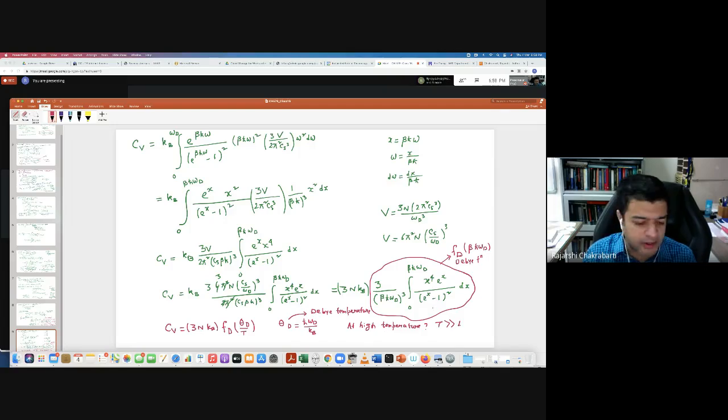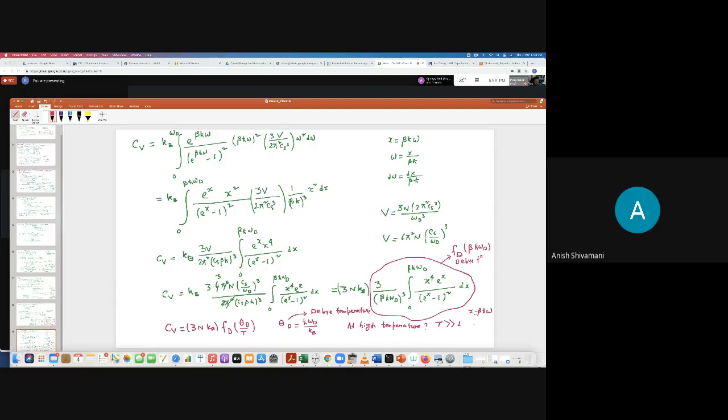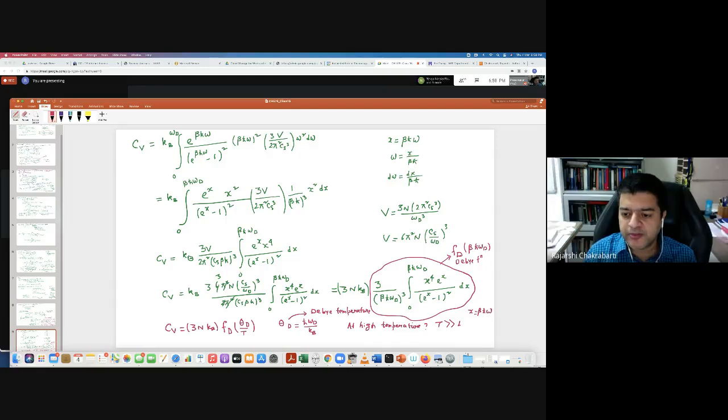Just look at it very carefully, because you remember what X is. X is h cross omega. So X is small, so you can expand this. If you expand this, what am I going to get? Let me do it here. You get 3 by beta h cross omega d, whole cube.